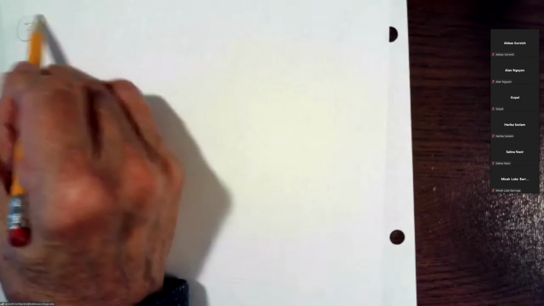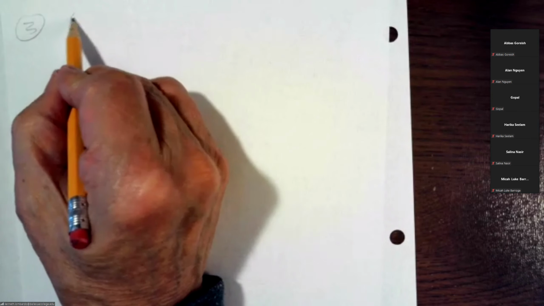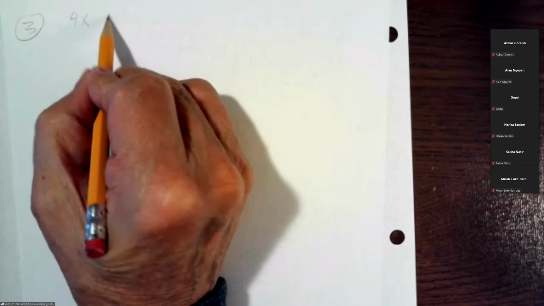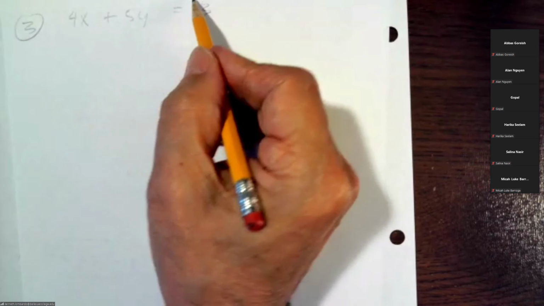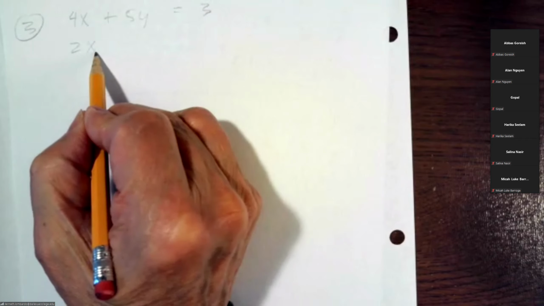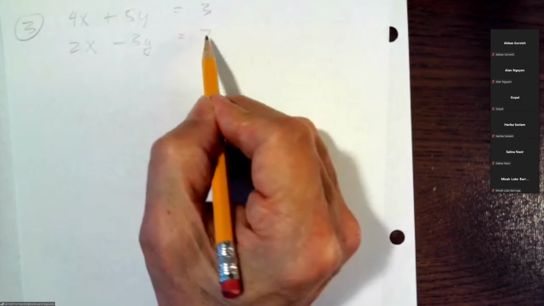How about a problem might look like, let's call this problem 3, and let's say we have 4x plus 5y equals 3 and 2x minus 3y equals 7.